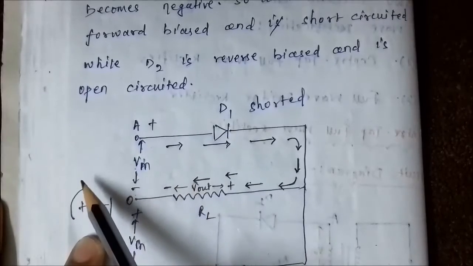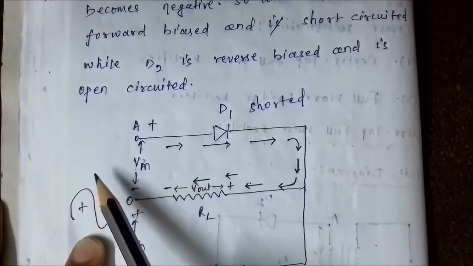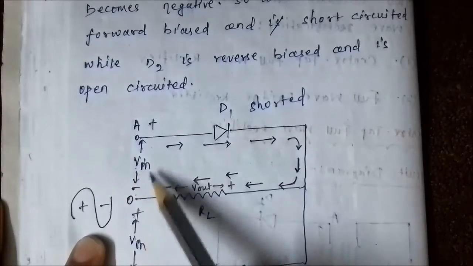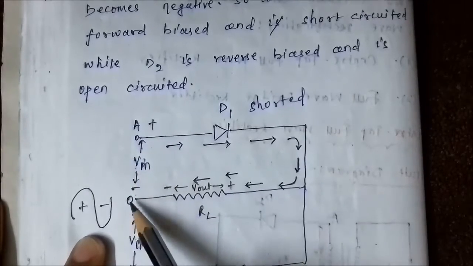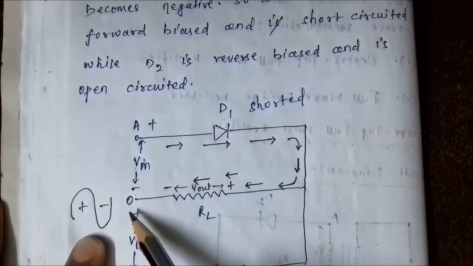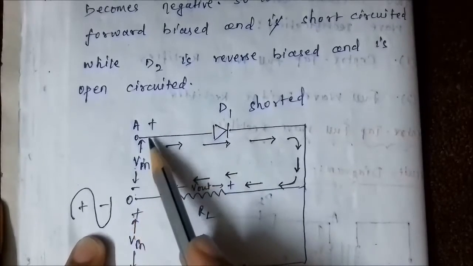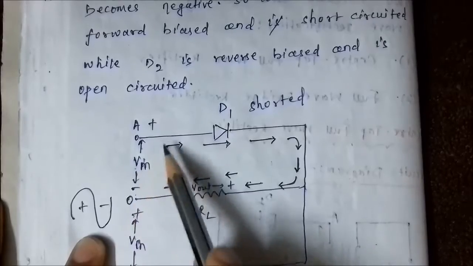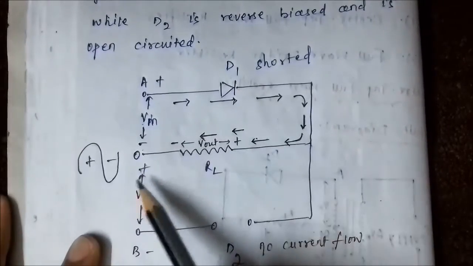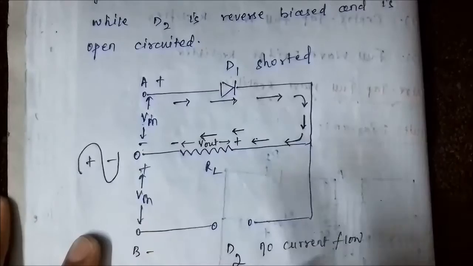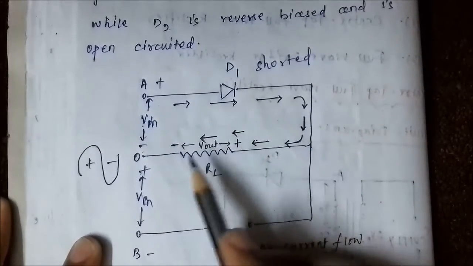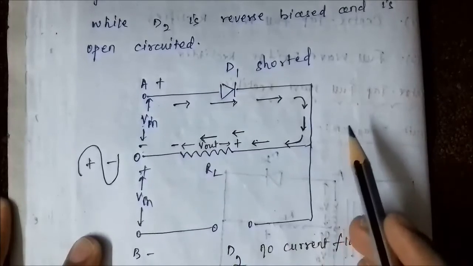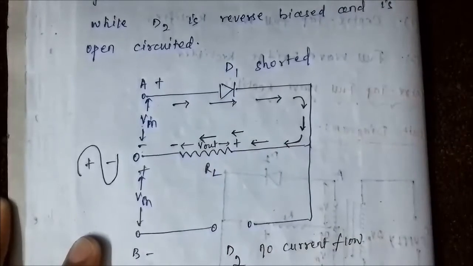The voltage across the secondary winding divides itself equally among OA and OB at the center tap point. Here one voltage, positive negative polarity, here another equal voltage, positive negative polarity. So the current flows from positive to negative, and hence we get a DC output.